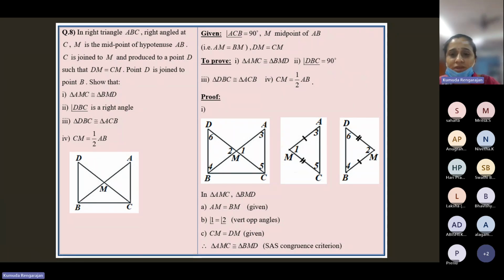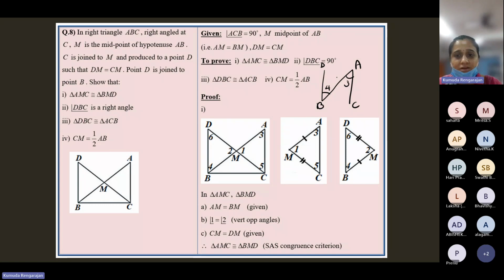Now let's see how they are located, 4 and 3. There's angle 4 here and angle 3 here, with D, B, A, C. Now angle 3 and angle 4, by the way they are positioned, are alternate interior angles.